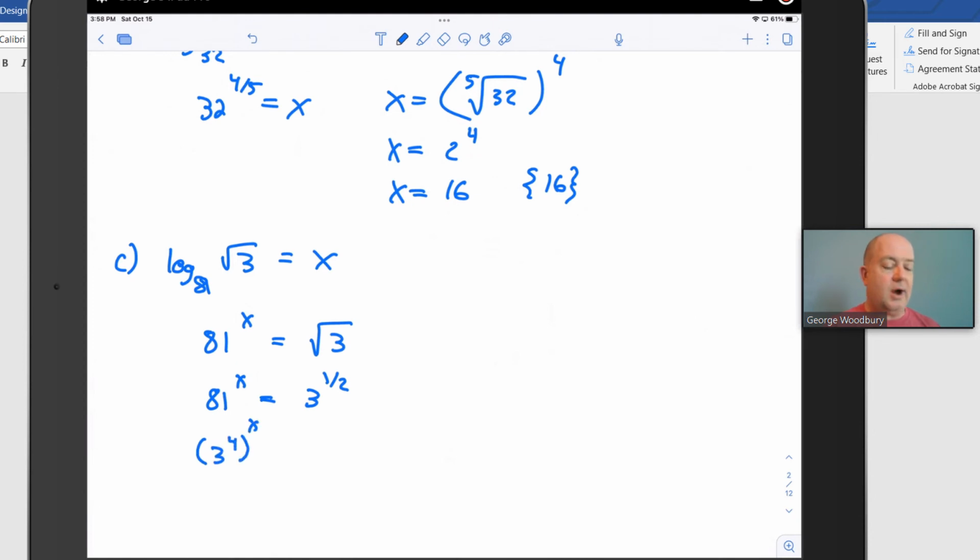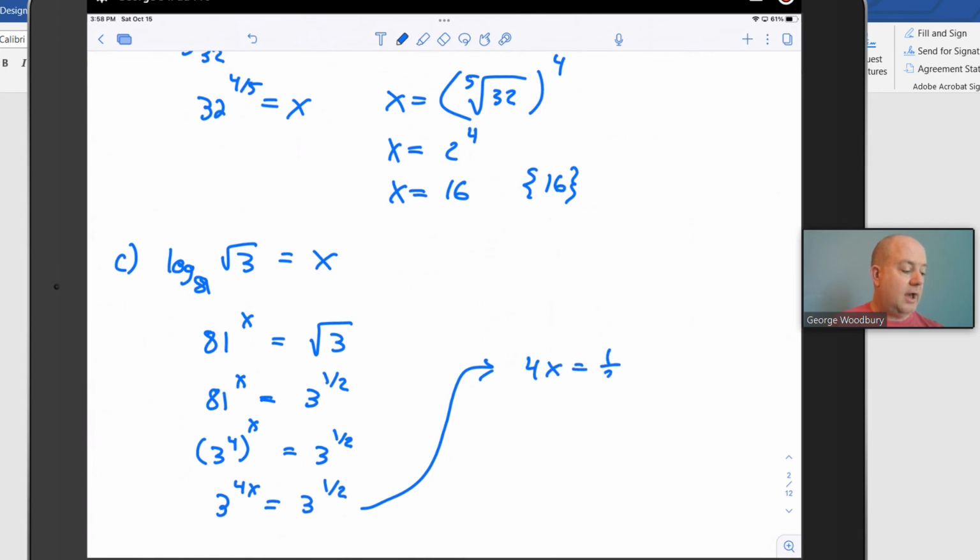So I have 3 to the 4th power raised to the x power equals 3 to the 1/2 power. I can multiply those exponents on the left-hand side, and I have 3 to the 4x power equals 3 to the 1/2 power. Since the bases are the same, the only way these two sides can be equal to each other is if the exponents are the same. And so 4x is equal to 1/2. Divide both sides by 4, and we end up with x equals 1/8.